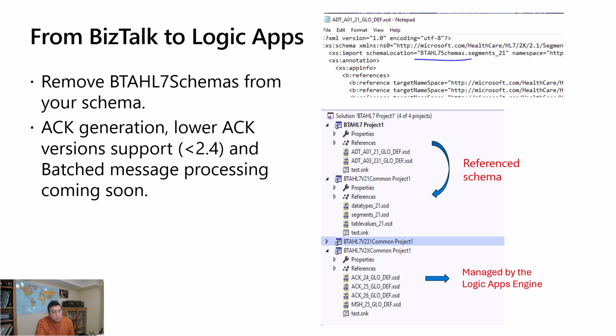Some recommendations for you on managing schemas. For schema naming, do not change the HL7 schema naming conventions. This will likely cause resolution failures. For schema references, ensure that all reference schemas are uploaded and correctly named and recognized.